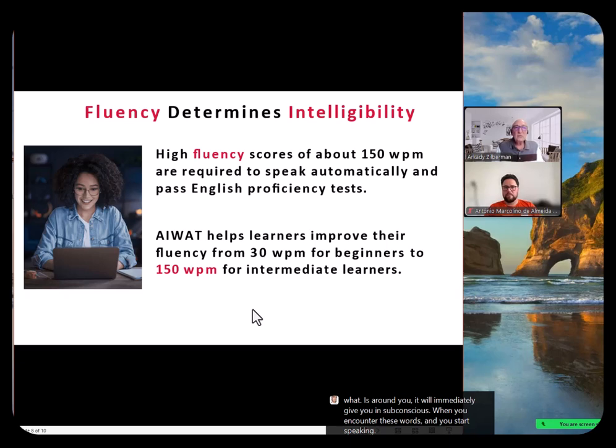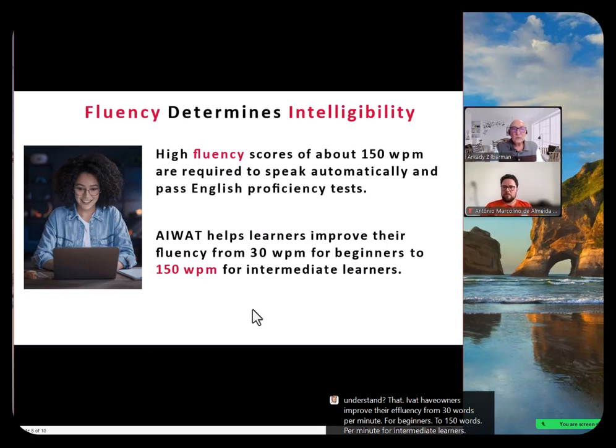Fluency determines intelligibility. AIWAT helps learners improve their fluency from 30 words per minute for beginners to 150 words per minute for intermediate learners.